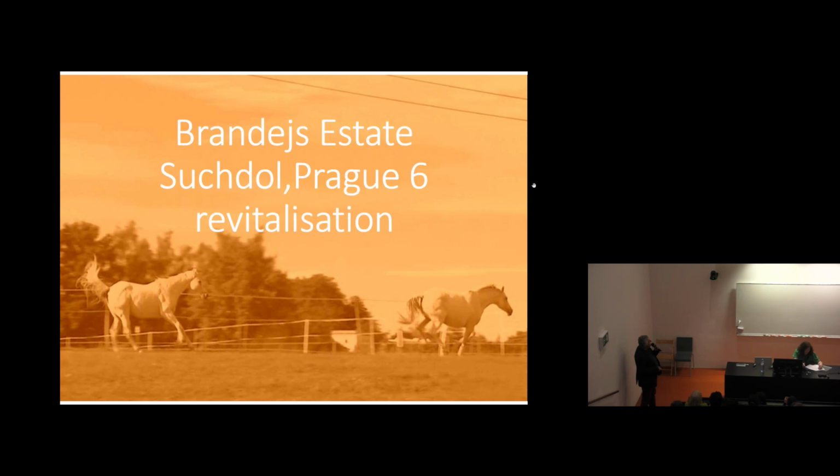This time we are on the northwest part of Prague, on the outskirts of Prague, at the so-called Brandeis Estate, which is a small castle in a very bad state in Prague 6.